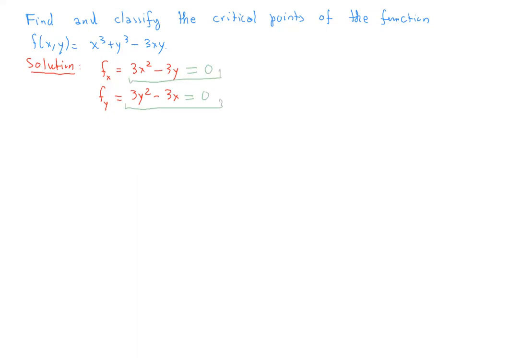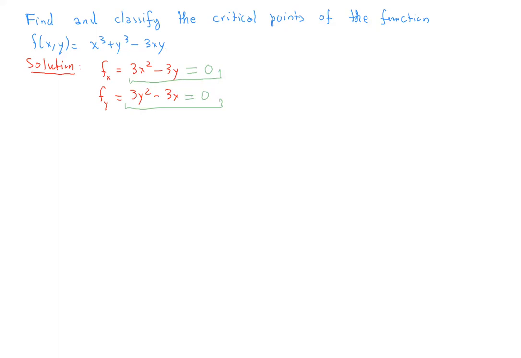And usually the systems that you're going to get in this business are going to be nonlinear, and there are no general methods for solving such systems. But one thing that you could try is to isolate one variable in one equation and plug it into the other, in the hope of getting one equation with one unknown that can be solved. And actually, this hope materializes here. We can do exactly that.